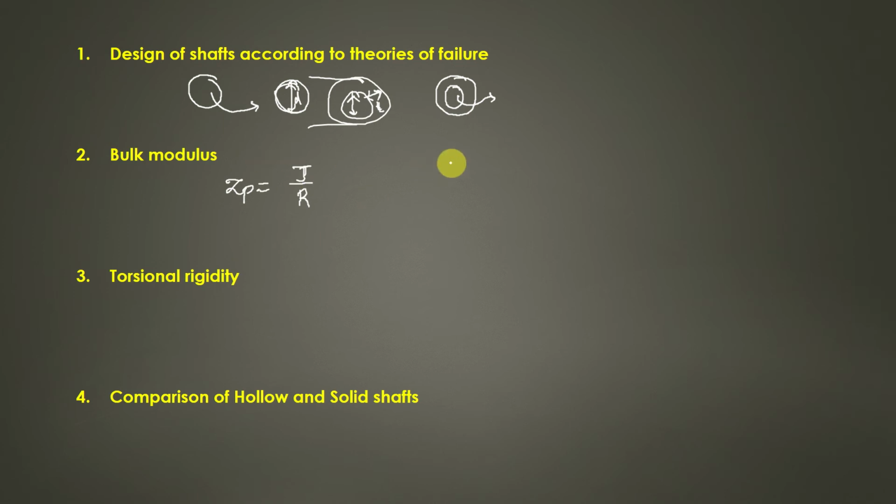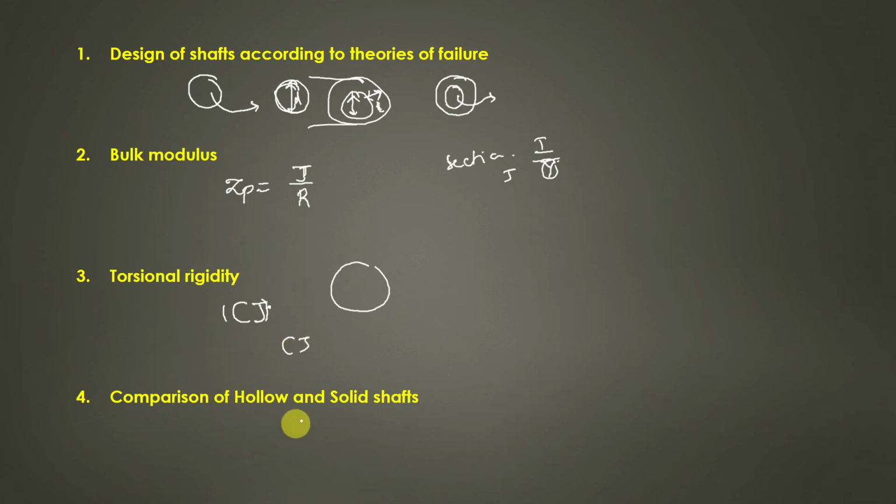Don't confuse it with the section modulus, which is moment of inertia divided by the distance from the neutral axis to the topmost or bottommost layer, or let me say the outermost layer, and it is denoted by J. Okay, torsional rigidity is nothing but how rigid the shaft is to the torsion. That depends upon the type of material and its polar moment of inertia, which depends on the size of the shaft, that is CJ.